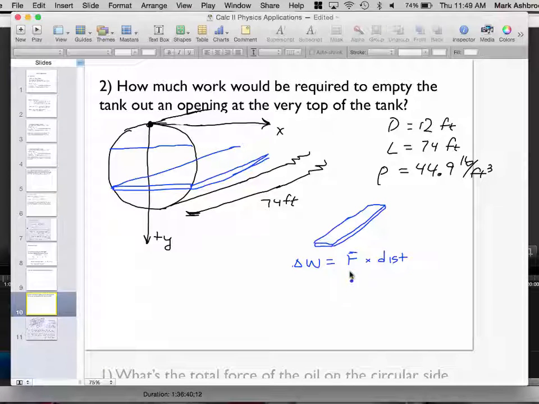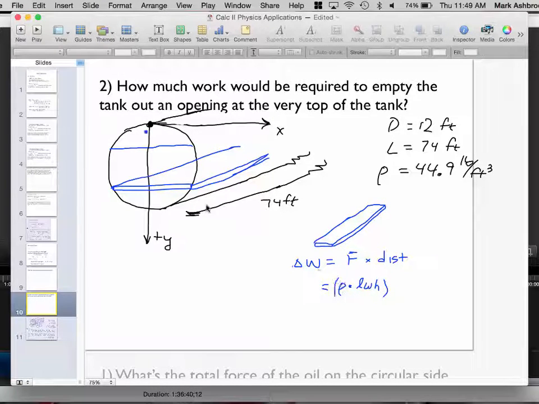So to get the weight, it's going to be the weight density times the volume. So the weight density is going to be rho times length times width times height, because it's a rectangular layer, a rectangular solid. So the force is density times volume.